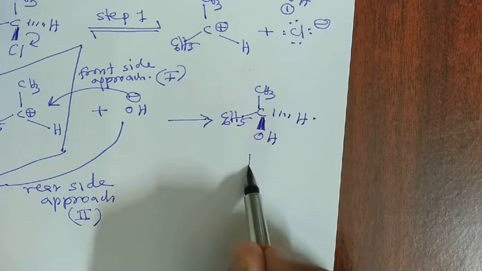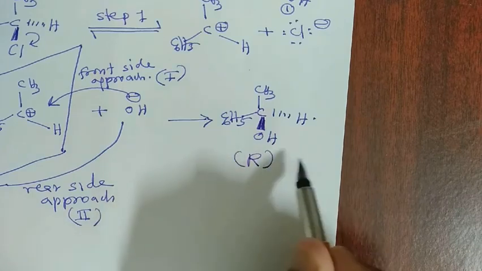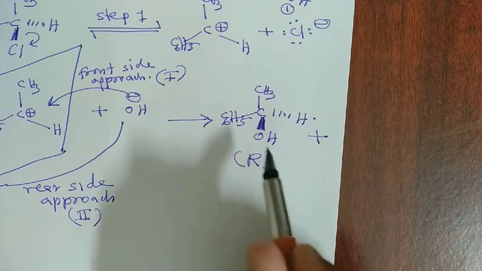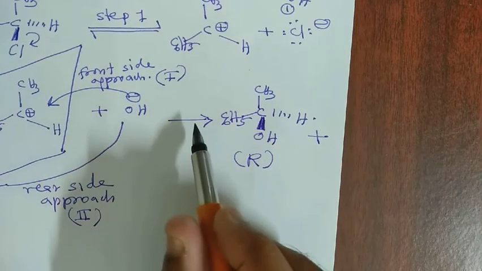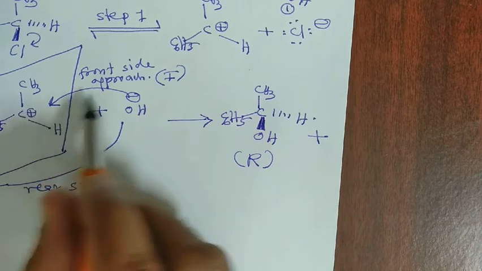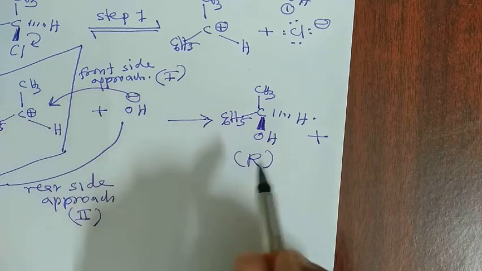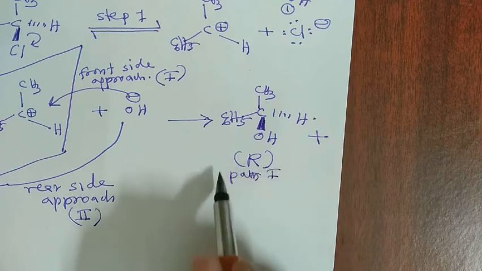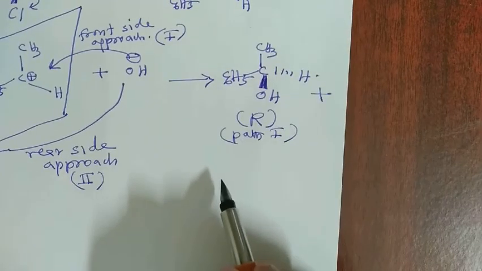So this is the R isomer of 1-phenylethanol. This is formed from the carbocation through front side approach of the nucleophile.